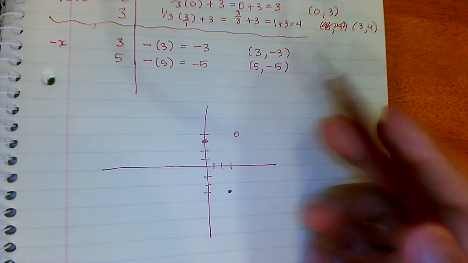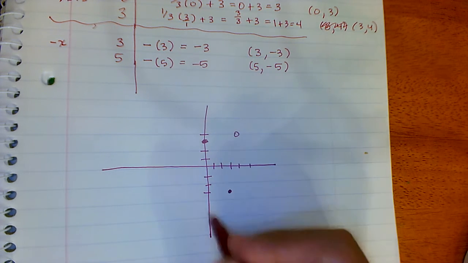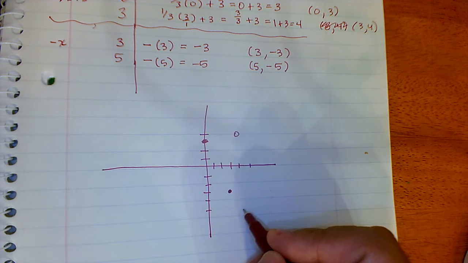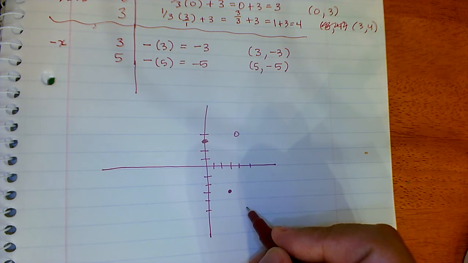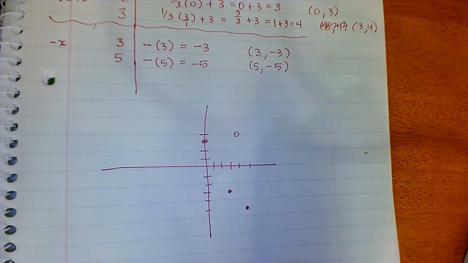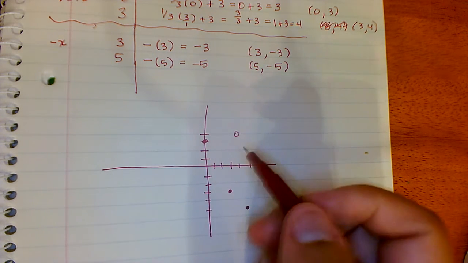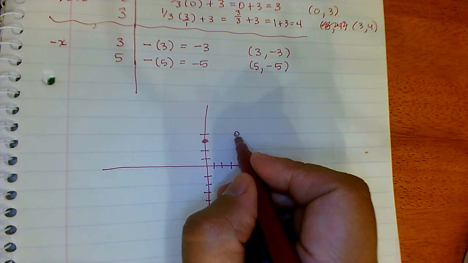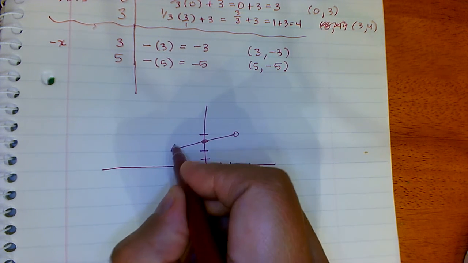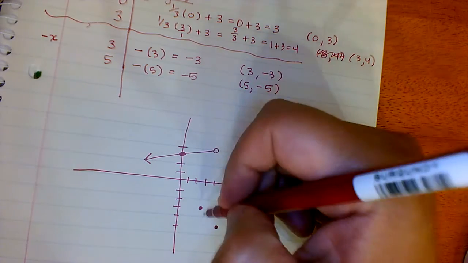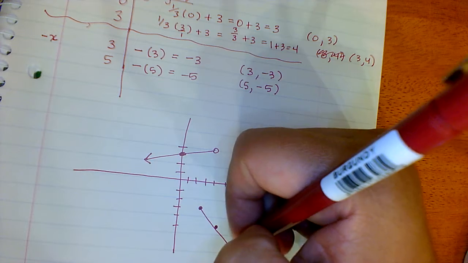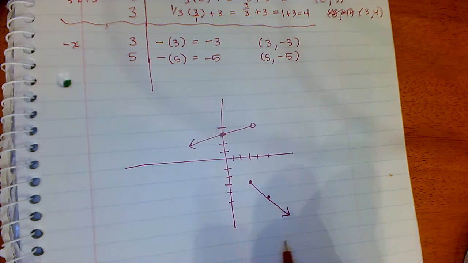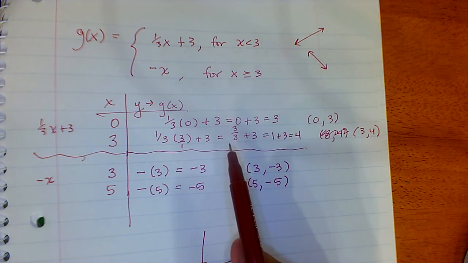And then I have that other point at 5, negative 5, which will be about here. And again, that's in the domain that was defined of the equation, so I can go ahead and keep a full circle. So again, like I said, I know these are lines, so these two are one line that's going to be connecting. These other two are another line that will be connecting. And so this is the graph of the piecewise function that they gave me originally.